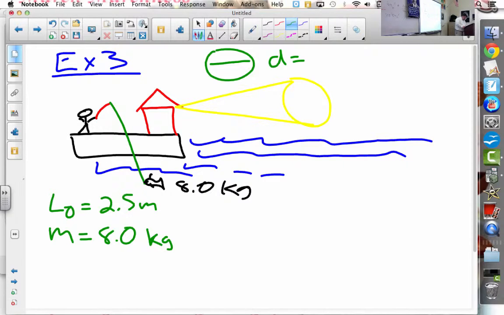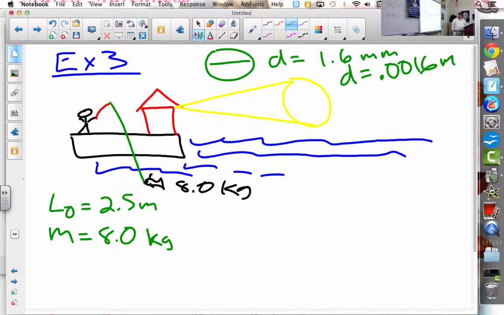Let me read it here again. 1.6 millimeters. Now, that's the same as 0.0016 meters. So we want to convert everything to meters, kilograms, and stuff like that. And so the question that they're asking us is how much is the line elongated? How much is it stretched?